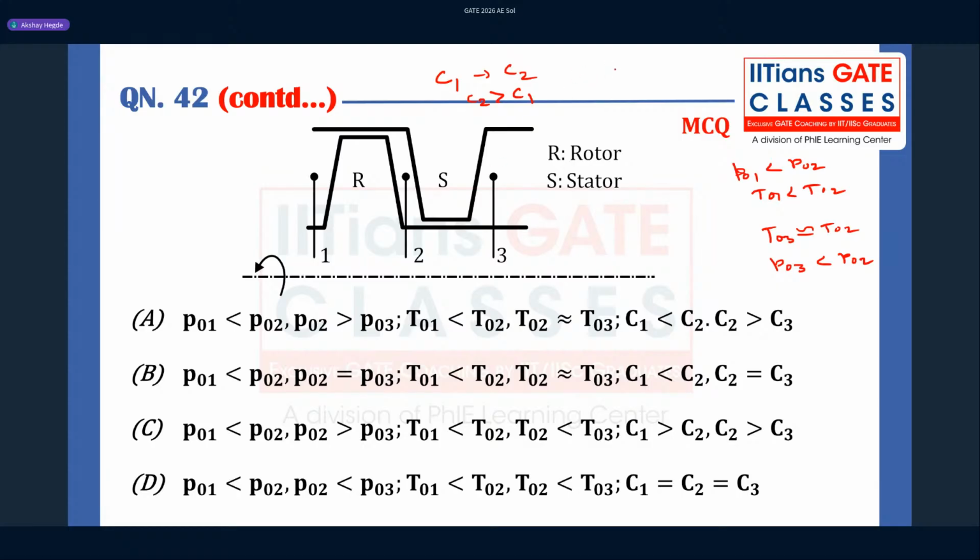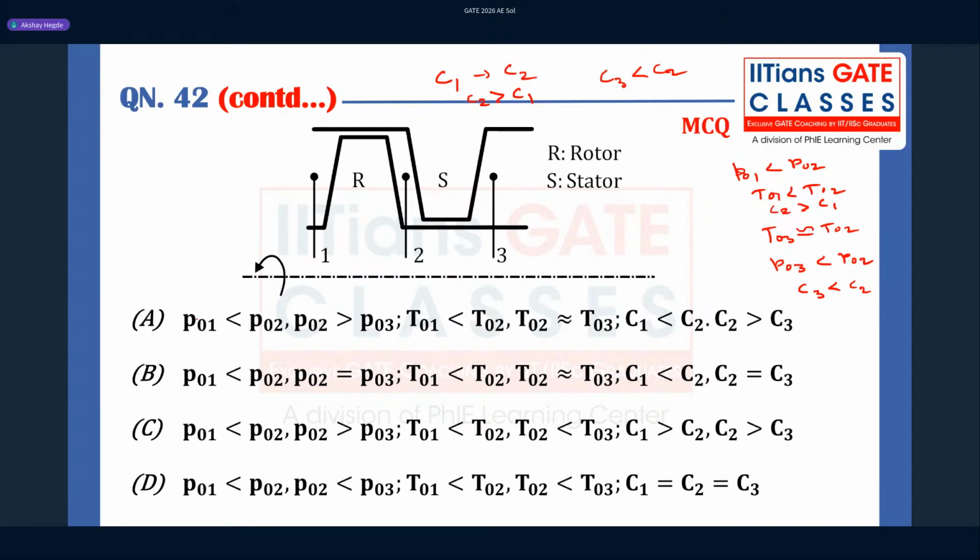So across the stator, C3 is going to be less than C2. So kinetic energy is converted to static pressure, right? Let me write here: C3 is less than C2, whereas C2 is greater than C1. So these are the conditions.